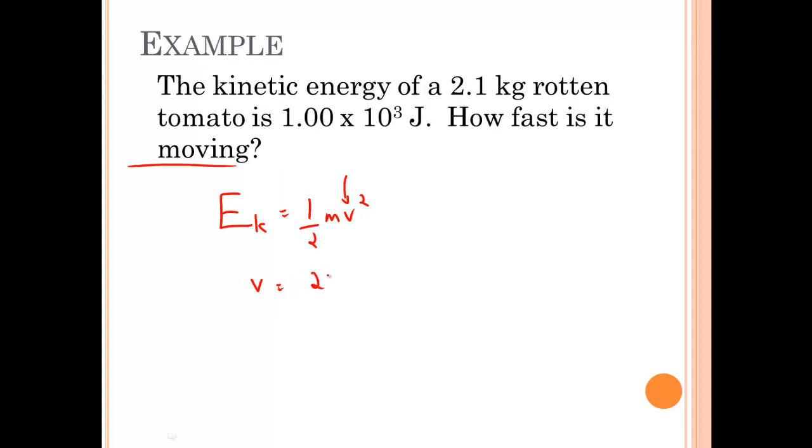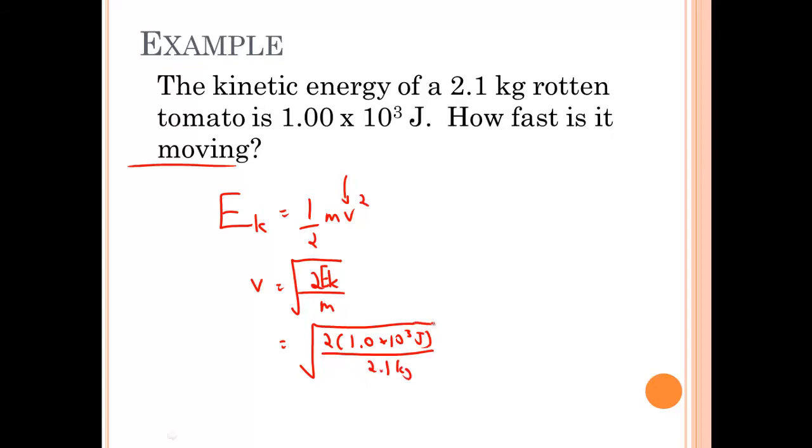For those of you that have been practicing your algebra, you should end up with velocity equals the square root of 2 times the kinetic energy divided by mass. Plug in our values and we get the square root of 2 times 1.0 times 10 to the 3 joules divided by 2.1 kilograms.